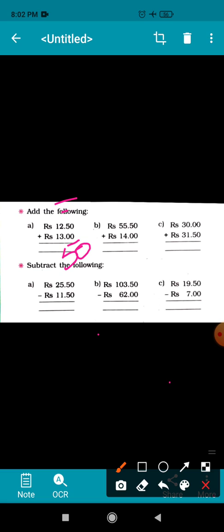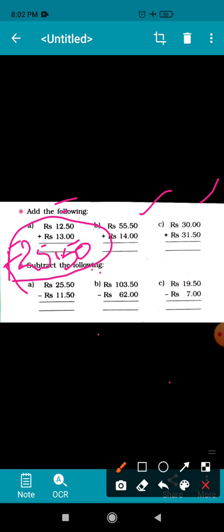Then after that you will put a dot because before 5 there is a dot. Then 2 plus 3 will be 5 and 1 will be 2 and you will write rupees. So the total will be 25 rupees 50 paisa. Hope you all have understood it. The rest 2 sums you do on your own.